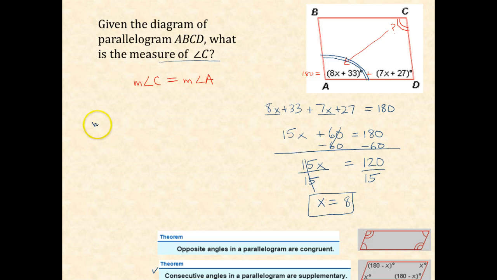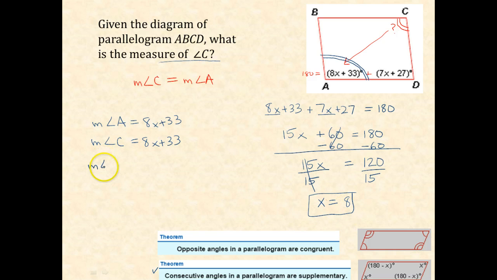So the measure of angle A is 8x plus 33. Well, if the measure of angle C is the same as the measure of angle A, then the measure of angle C also equals 8x plus 33. So now I just need to plug an 8 in for x.